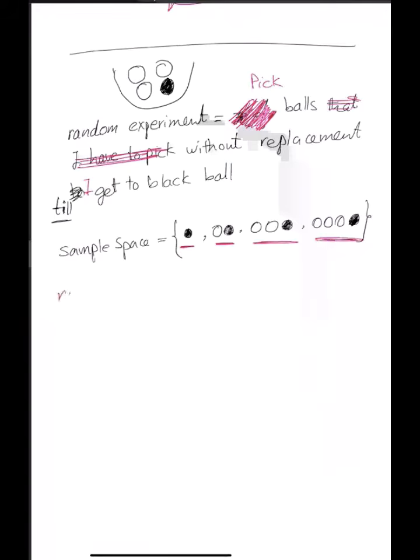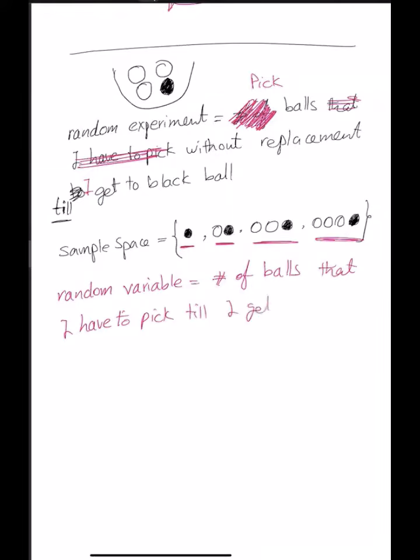Then I define the random variable as the number of balls that I have to pick till I get to the black ball.